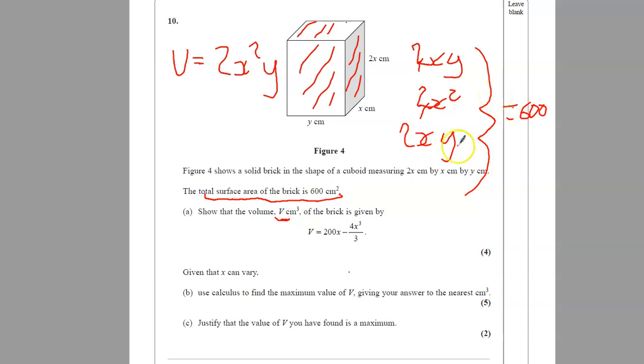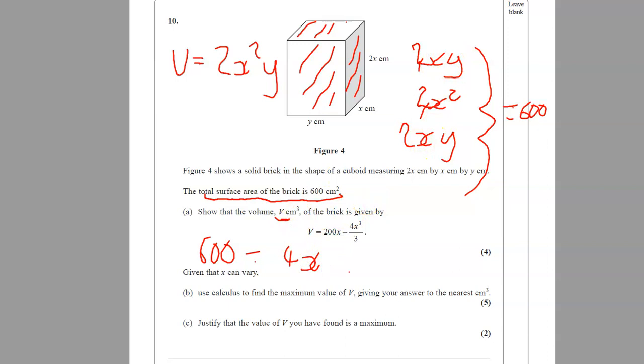So now we need to replace the y that's in here with the y's here. So we need to do some rearranging. Let's look at this again. 600 equals, so we've got 4xy here and 2xy.